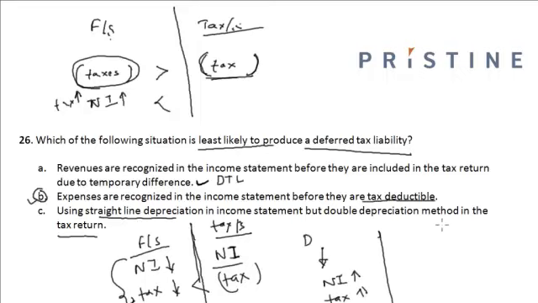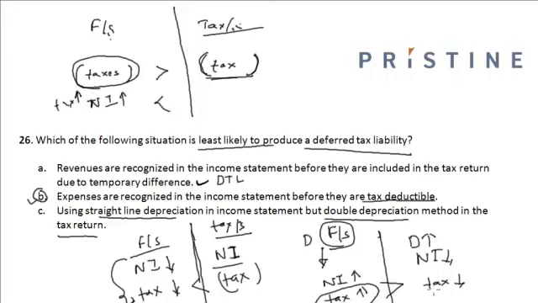Whereas in the tax return, my depreciation is high because of the double depreciation method, and hence my net income is low, and the taxes are also low. So for the financial statement, my tax is greater than the tax reported in the tax return, and hence it creates a deferred tax liability.